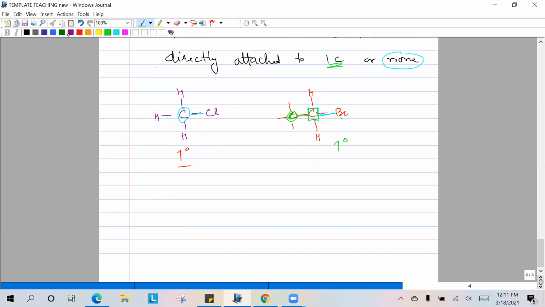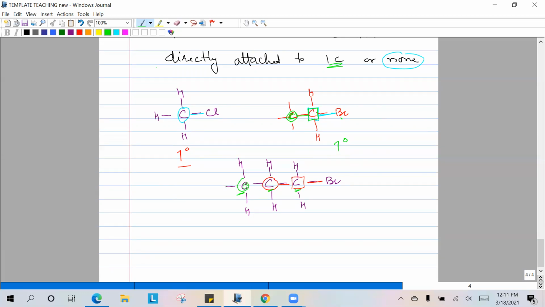But what about this? If you have another carbon attached to this, which could be anything, then what happens? Is this a primary? Yes, this is still a primary. Why? Because the carbon that carries the halogen is directly attached to only one carbon.